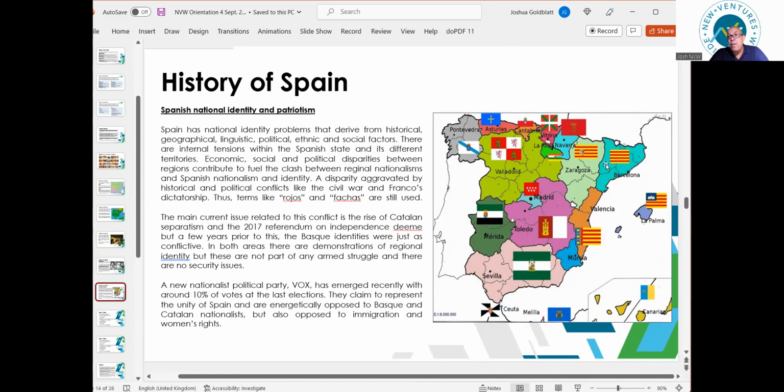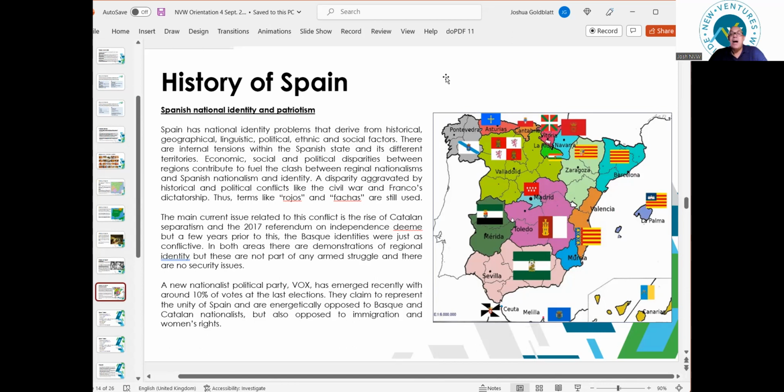So now people are Spanish, but also they're very, very proud of being a Valenciano or a Basco or an Andaluz or a Madrileño. So people are very, very proud of their flag, apart from the Spanish flag.